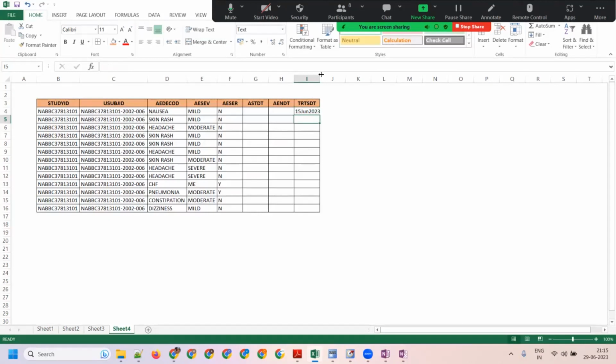2023. This is the date the treatment got started. Or last month we can take. 15th April 2023. This is the date treatment started for this guy, planned treatment, RFSTDTC. Okay, now adverse event start dates I need to take.